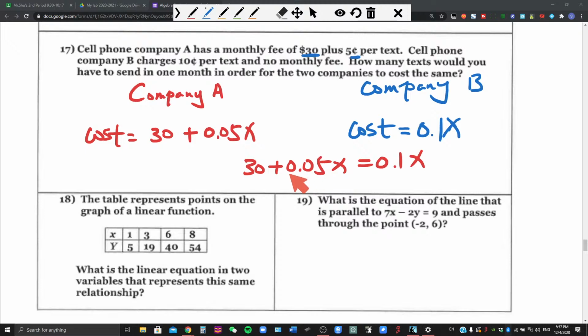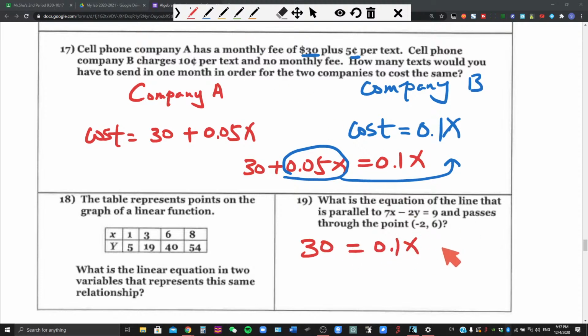And to solve this, move this to the other side. This will become a negative. So 30 equals 0.1x subtract 0.05x. That's going to be 0.05x. All right. After this, we want to know what is x.